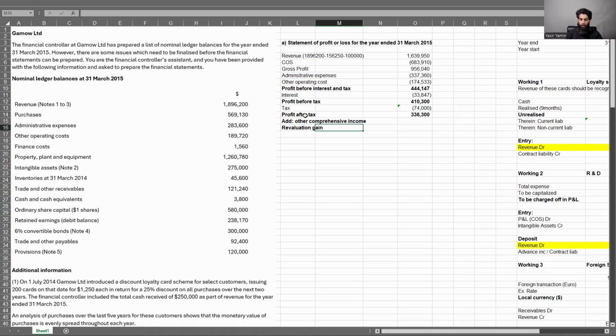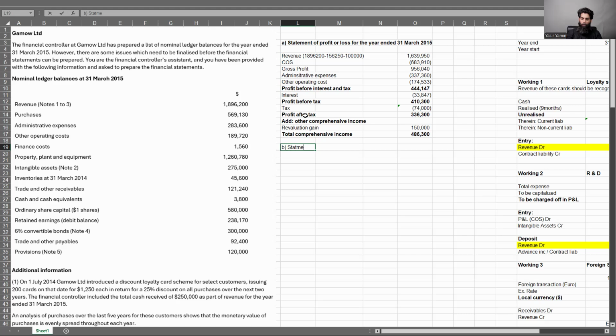Remember, revaluation gain was there on your land. Land had revaluation gain of 150,000. And then there is total comprehensive income of this plus this, 486,300. Make sense?